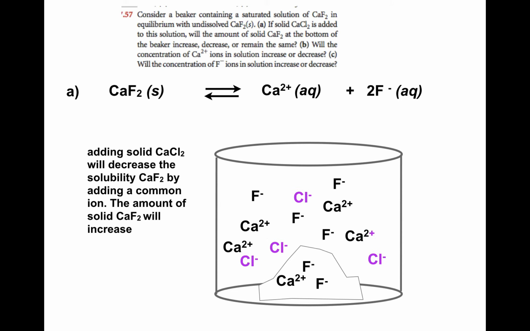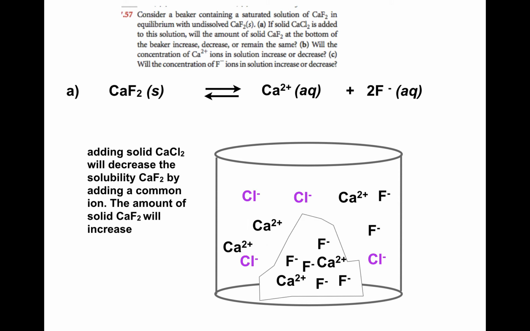So as the calcium ions increase, they find more of the fluoride ions to react with and trap them in the solid. So as the calcium ion concentration goes up, the fluoride concentration goes down, and it drives the equilibrium towards the solid side.